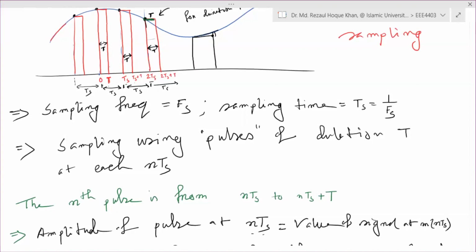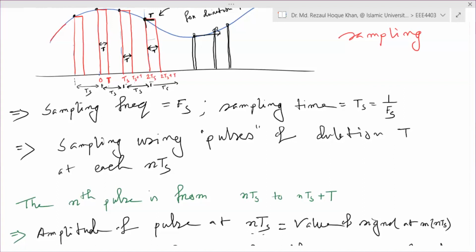So this small portion is the error here. But if I choose the sample duration T small, what will happen? I'm picking up every change. I can detect these changes. But if it becomes longer, then I miss those changes.